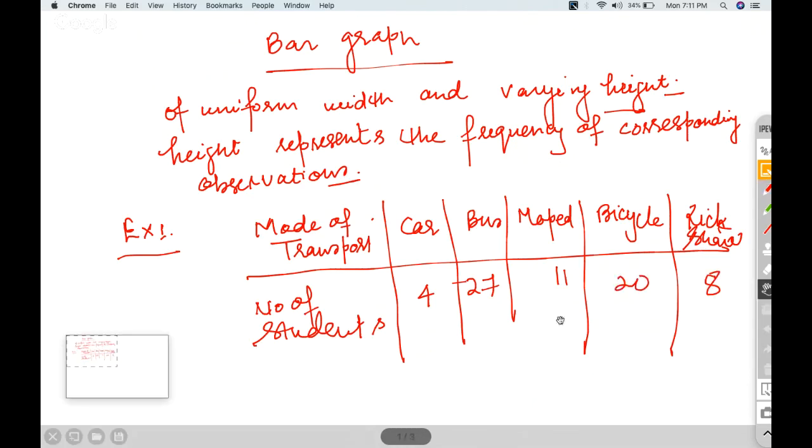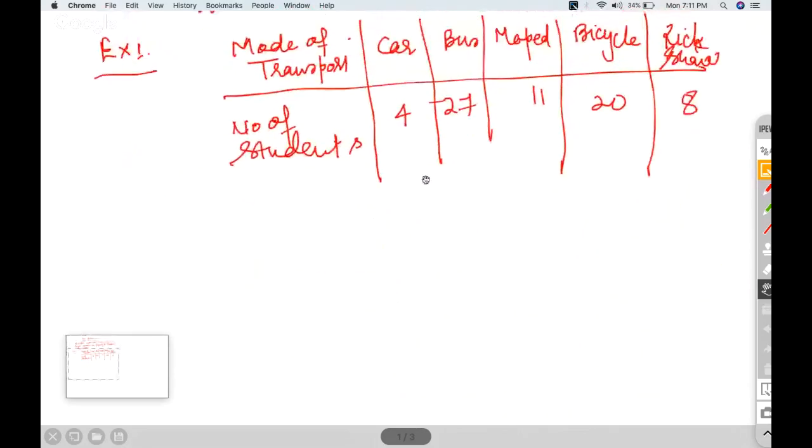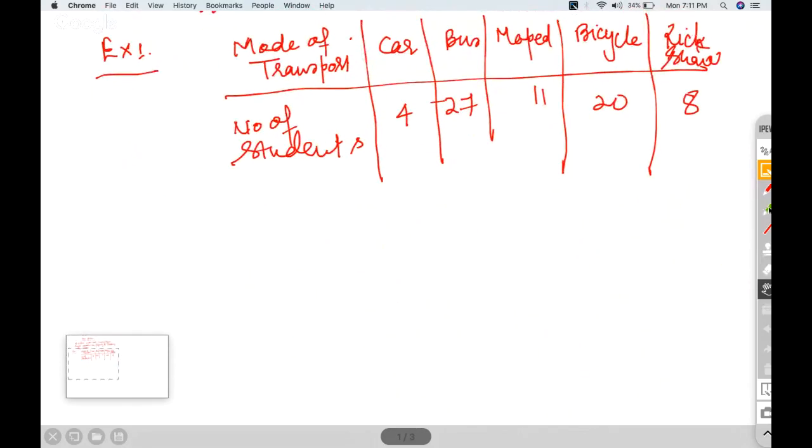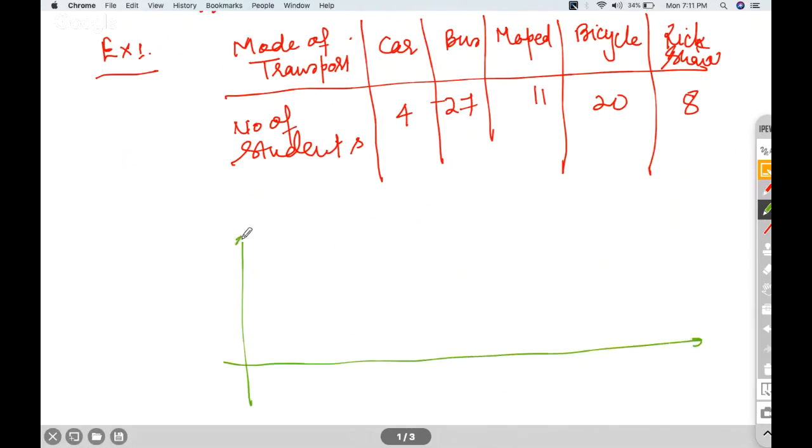Now what I'll do over here is I'll draw the bar graph. Now look how I draw the bar graph. The bar graph would be drawn like this. On the x-axis, I'll put here car, then I'll put here bus, then I put here moped, then I put here bicycle, and then I put here rickshaw.